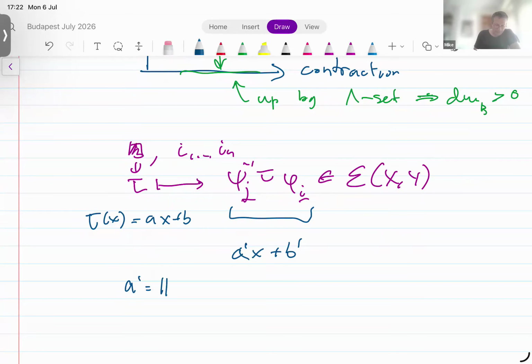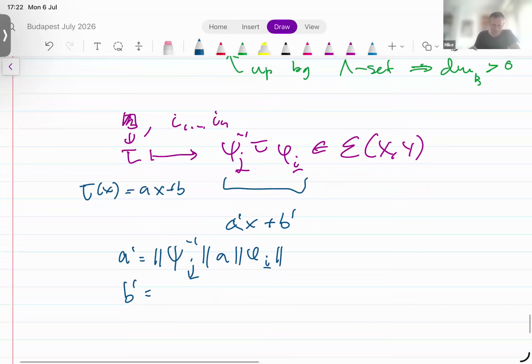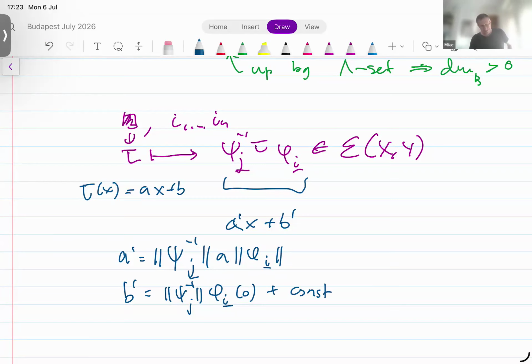It is just the Lipschitz norm, or the contraction ratio, of psi j inverse, times the original contraction ratio, times the contraction ratio of phi I. And b prime is a little bit uglier, but it looks like this: the Lipschitz norm of psi j inverse, times not b, but phi I of 0, which is the translation constant of this map, plus a constant which may depend on j, but is essentially independent of I.